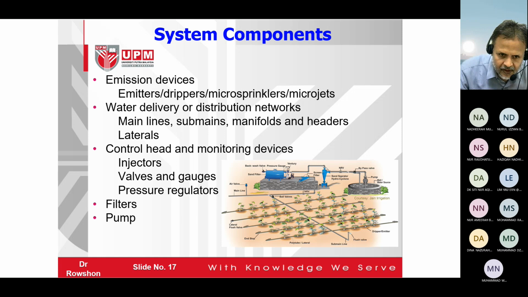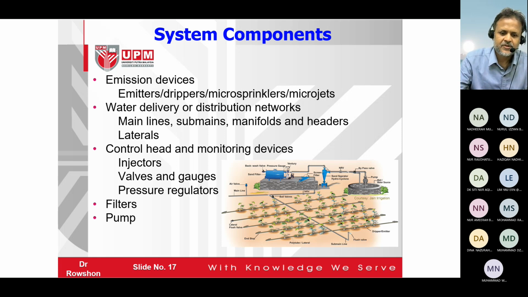Now you connect with the pipeline. There is an advantage to this. Let's say you have a small garden, and you want to grow carrot here and tomato here. You can do it, but you cannot mix. This way you can do different crops. This is a good way.